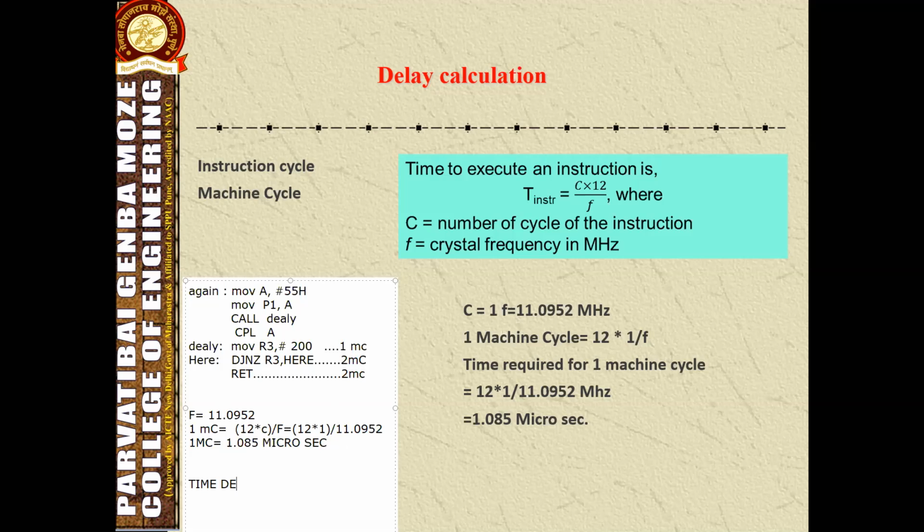The time delay in the subroutine is equal to the total number of machine cycles required, multiplied by the time one machine cycle takes to execute.